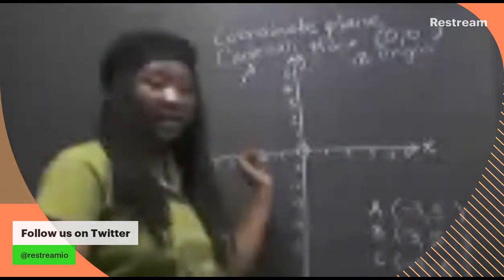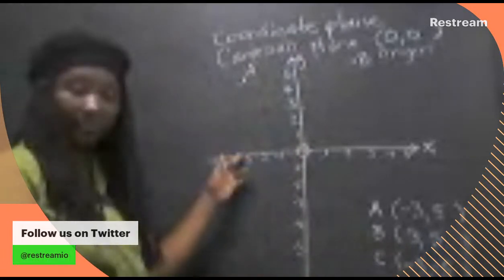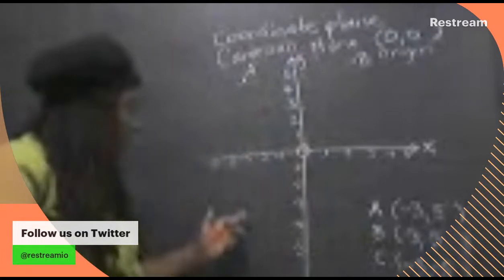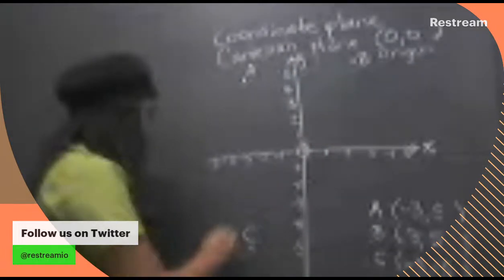Positive on the y, we move up. Negative on the y, we move down. So this is a negative 5. So from negative 3, we're going to move down and put our point there. And that's point C.